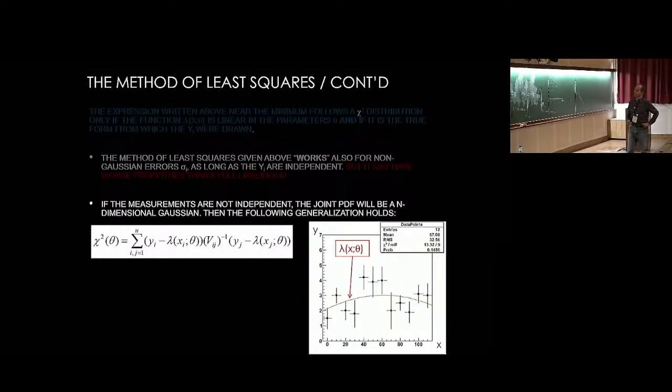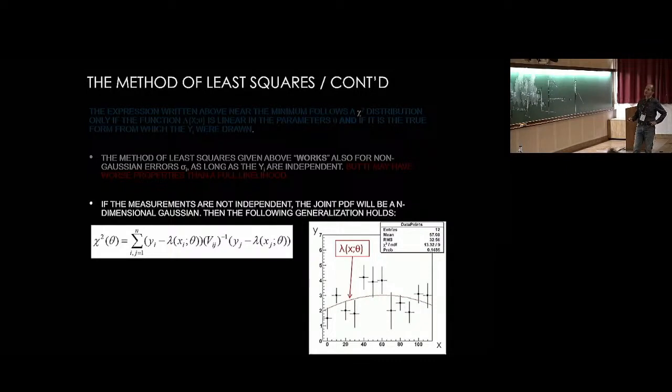Okay? So if the measurements are not independent, the joint PDF will be an n-dimensional Gaussian. And in that case, you have a covariance matrix instead of a simple sigma that divides the squared term.